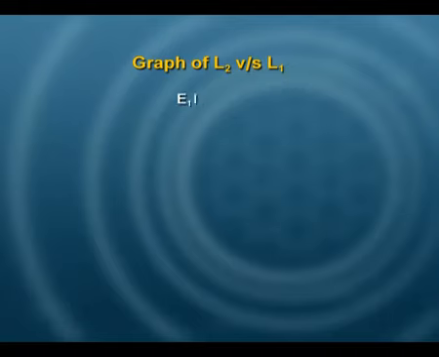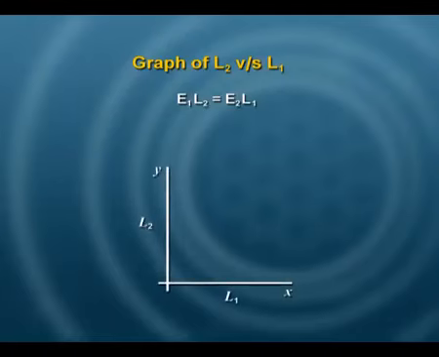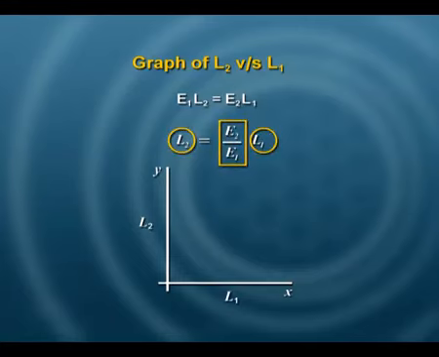From this formula, E1 L2 is equal to E2 L1, and if I make on my graph L2 on the y axis and L1 on the x axis, this will give me the equation L2 is equal to E2 upon E1 into L1. Therefore, we will be expecting a straight line. This would be my slope of the line, and this is the ratio of the EMF of the two cells.